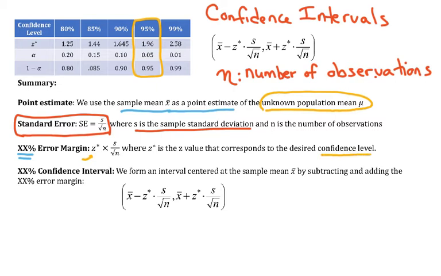And then finally, you put it all together and create this interval that's centered around the mean. So what we do is we have our mean. If that sits on a number line here, then we're adding this XX% error margin to the mean, and then we are also subtracting it.